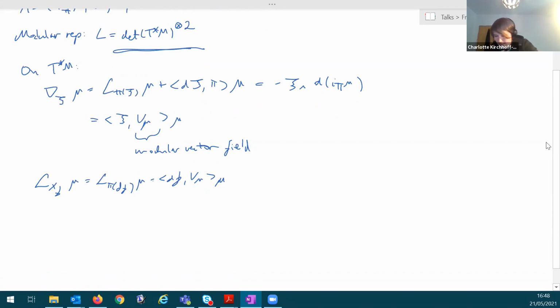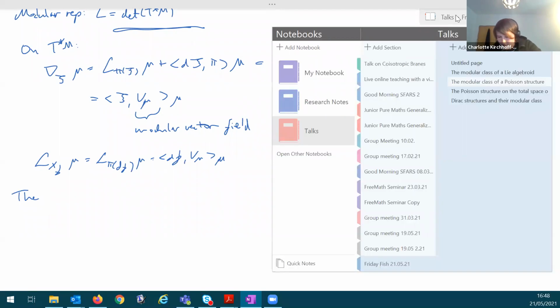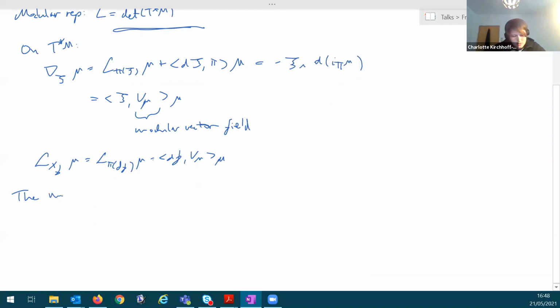Okay, now I'm going to talk about the object that sort of inspired this whole project, and that is the modular foliation of a Poisson structure.